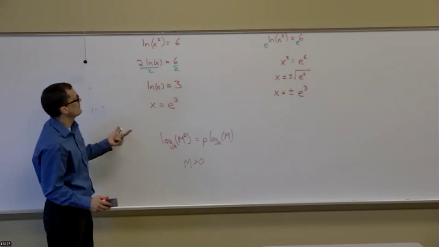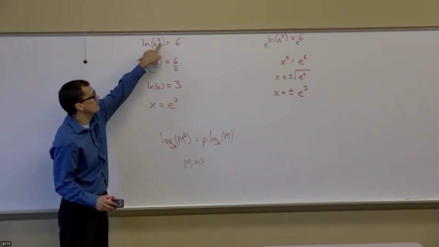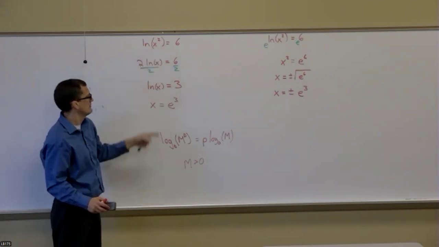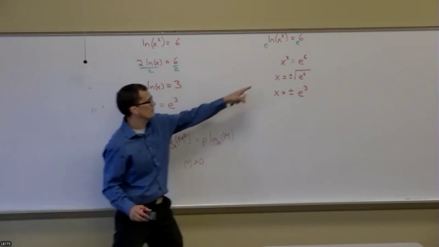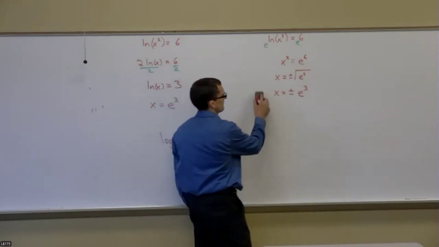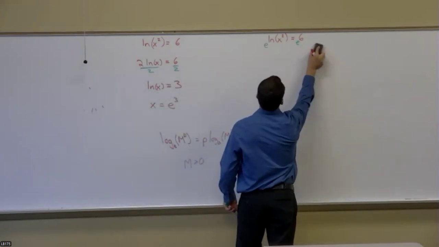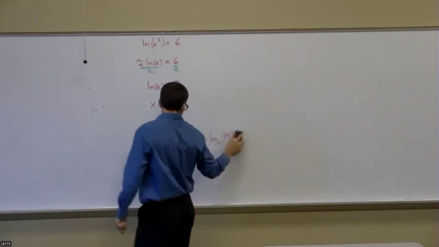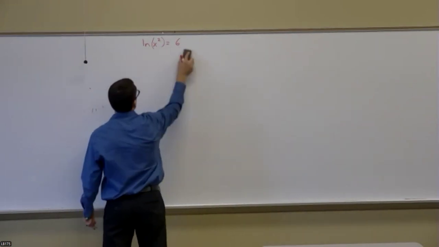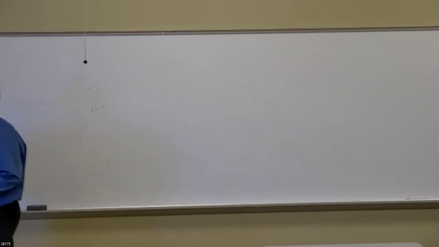That's only something we need to worry about on even powers of x, because if it was an odd power, then I wouldn't have this plus minus business to worry about. So there you go. That's all I wanted to point out. A little bit of an intricacy in that scenario.